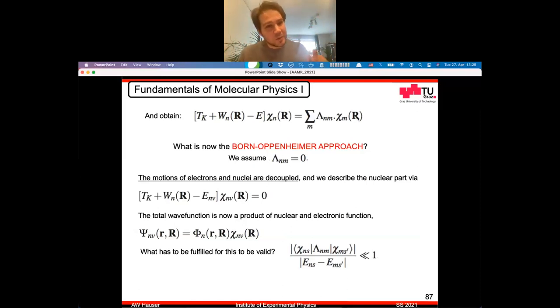The tricky part is to calculate the electronic energy, and this is something we will discuss soon. But so that's the first part here. And now we can also discuss the situation where the Born-Oppenheimer approximation is no longer valid.